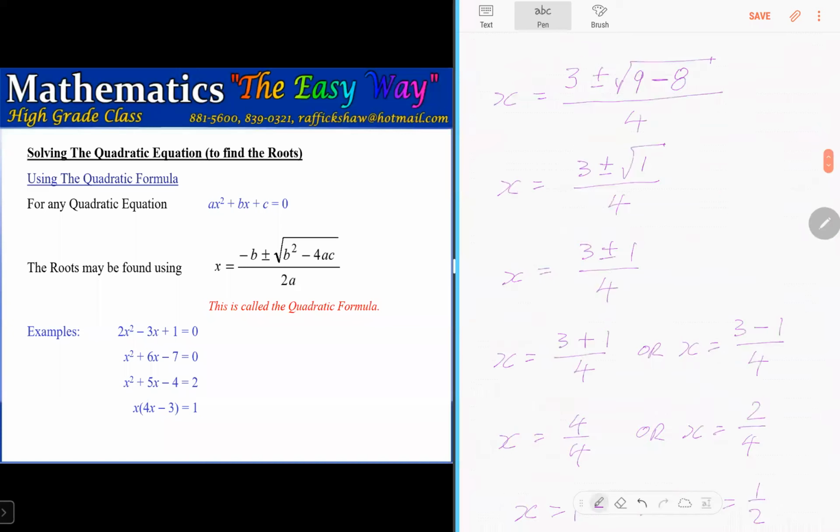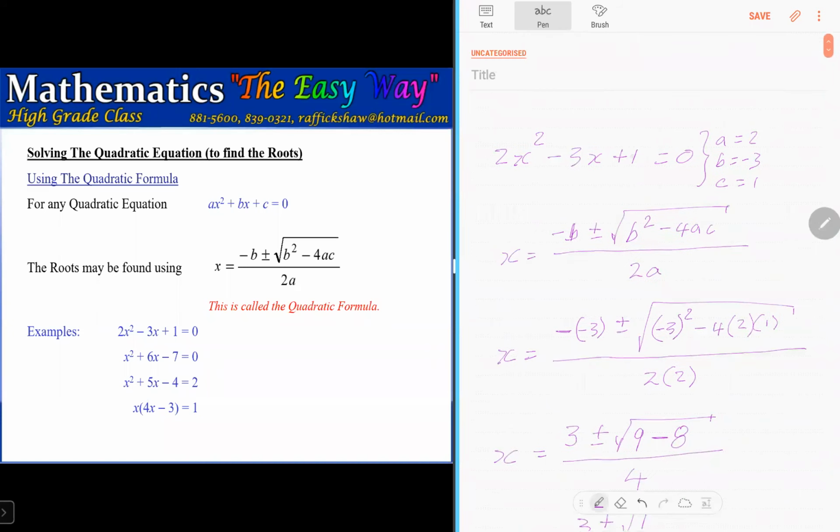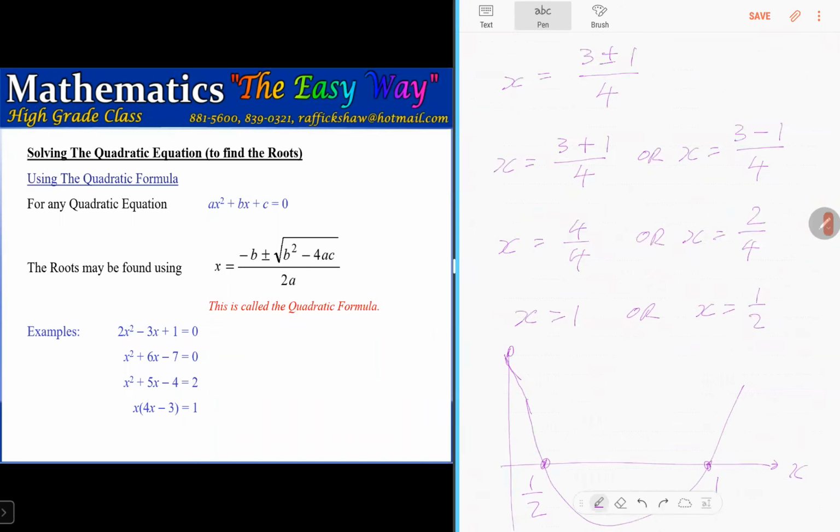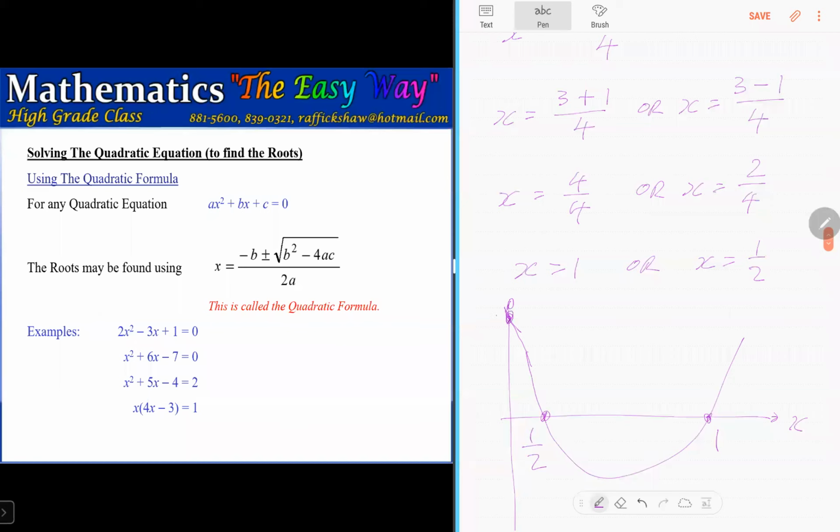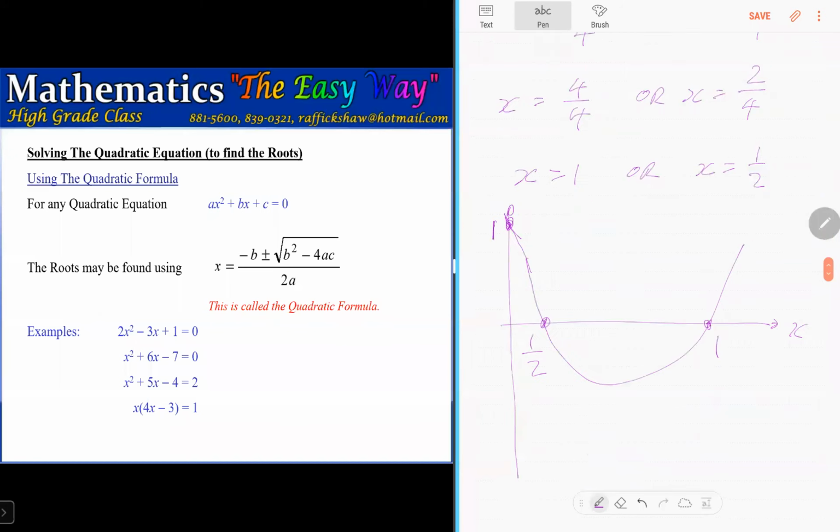If we try to relate the equation to a function, those will be your two roots, and the y-axis intercept is one.